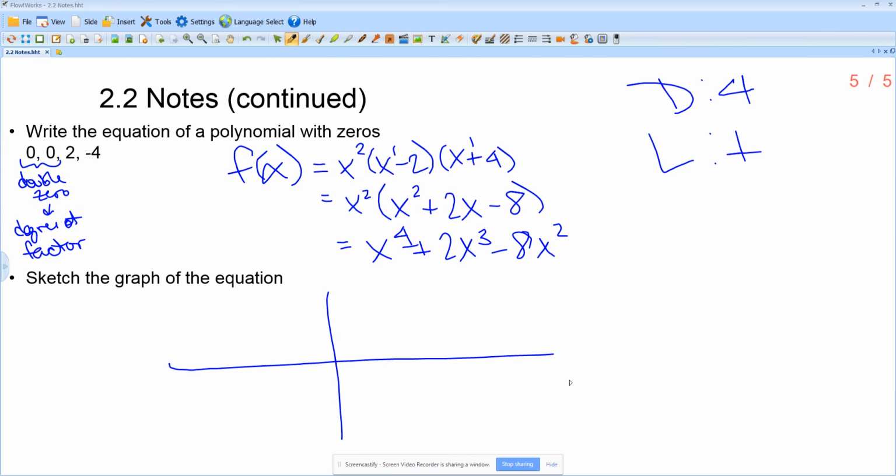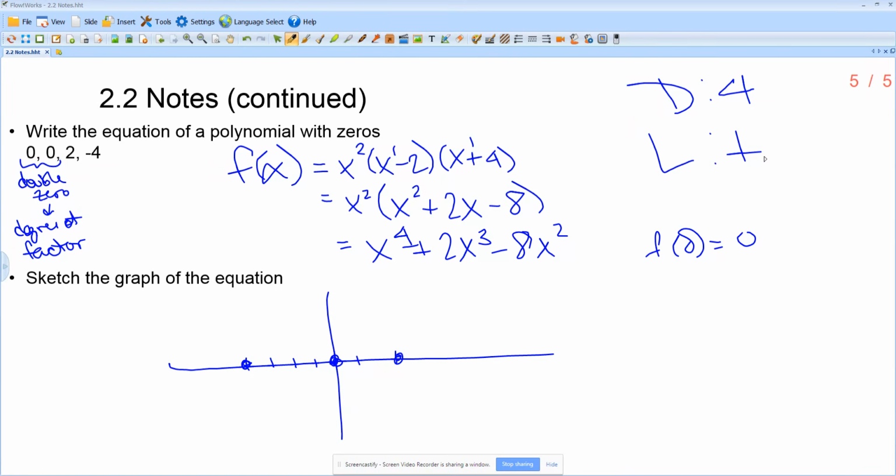And if I'm going to sketch a graph of this now, y-intercept, by the way, if I put 0 in here, f of 0 is going to be 0. No y-intercept. Could have made one, chose not to. So I know that at 2 and negative 4, I have zeros, and then I have a double zero at 0.